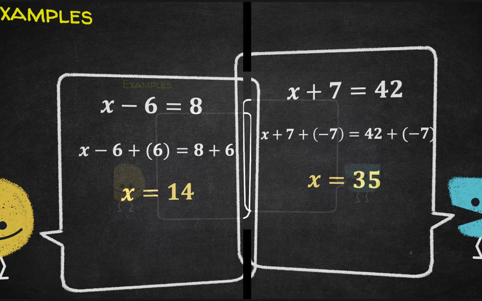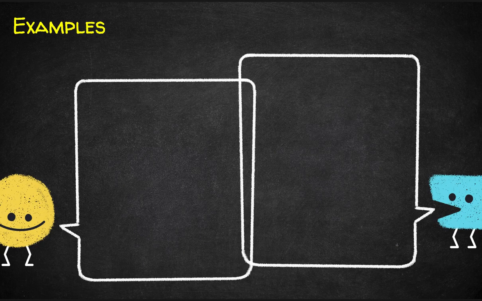Okay, another example. Given the equation x plus 10 is equal to negative 65, we're going to solve again for the variable. I will be teaching you another method. Aside from using APE here, we can use transposition.